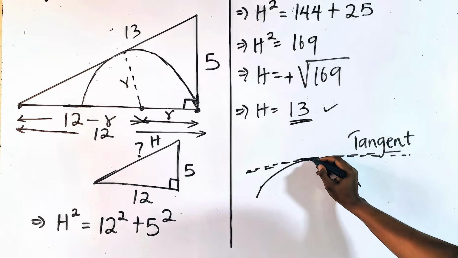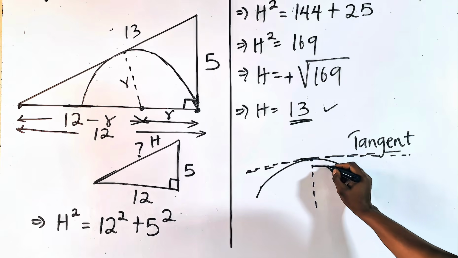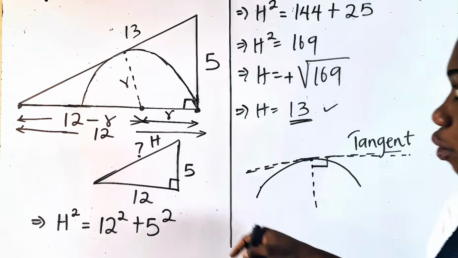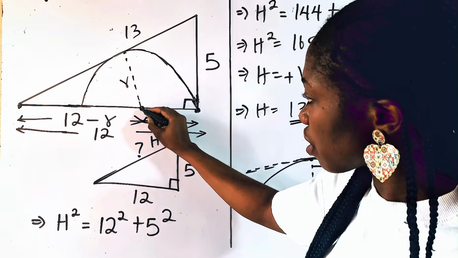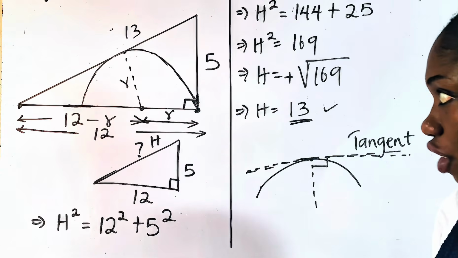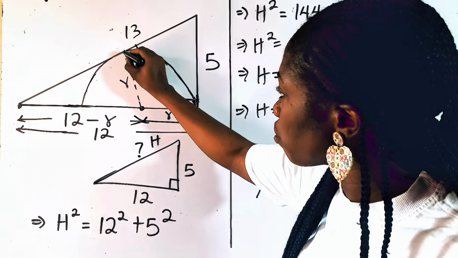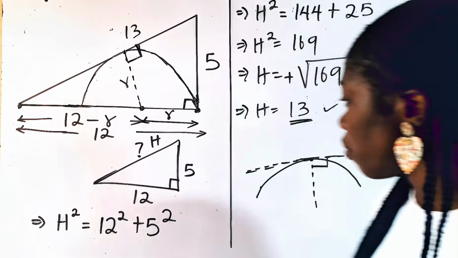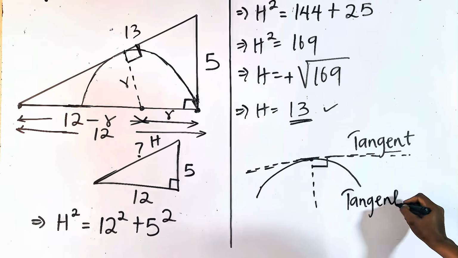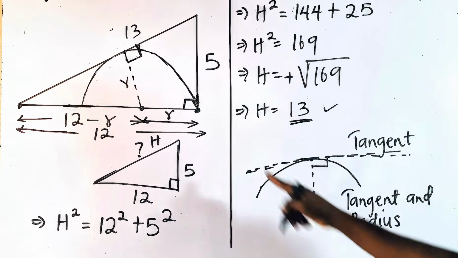So whenever a tangent comes in contact with the radius, automatically it makes a right angle at that point of contact. So looking at this, you see that this is the radius of the semicircle, and this has become the tangent of this particular semicircle. So it means that it forms angle 90 at this point. It forms a right angle at this particular point. What is your reason? The tangent and the radius. So the reason is the tangent and radius theorem. That's why we have that.